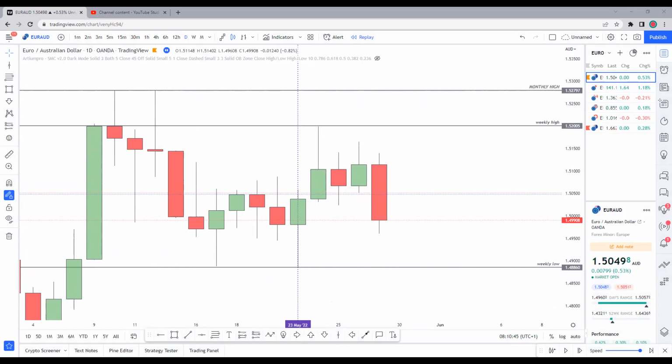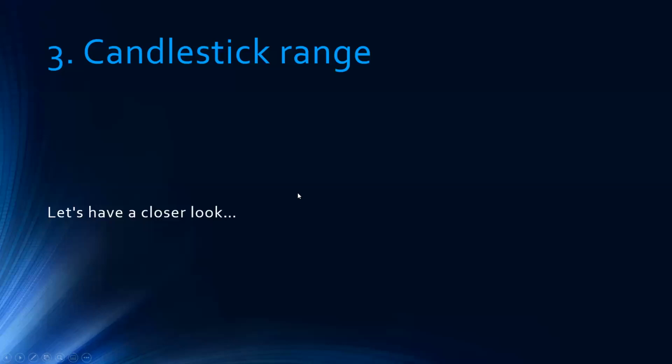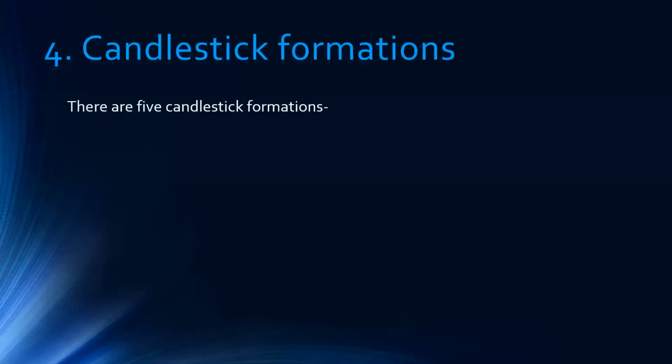Okay. Let me see where we're at. Let's go back. Right. Okay. So candlestick formations. Now I'm just going to touch on these, and I'm going to go in depth more on separate videos for each candlestick formation, so that everybody gets an understanding of what they are.